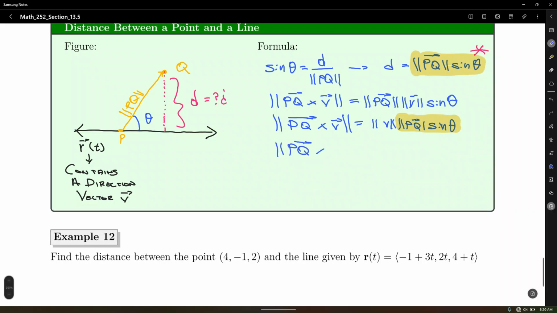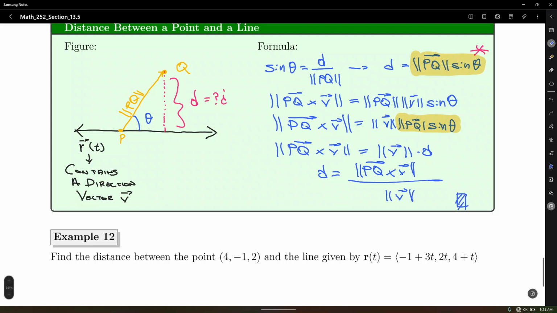The magnitude of PQ cross V equals the magnitude of the direction vector of the line times the distance. Solving for d gives us the magnitude of PQ cross V over the magnitude of the vector that directs the line.